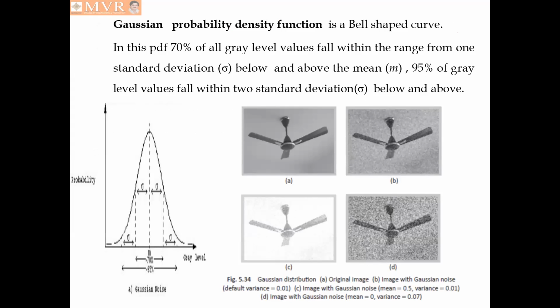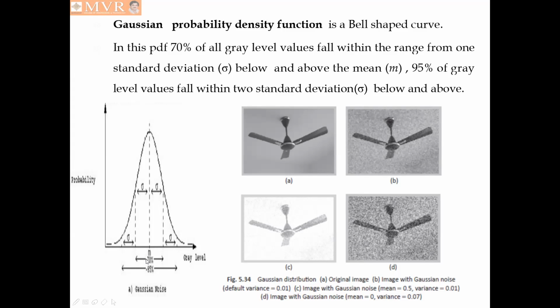In this probability density function, 70% of all gray level values fall within the range from 1 standard deviation sigma below and above the mean value m, and 95% of the gray level values fall within 2 standard deviations sigma below and above. You can understand this statement with the help of this graph.